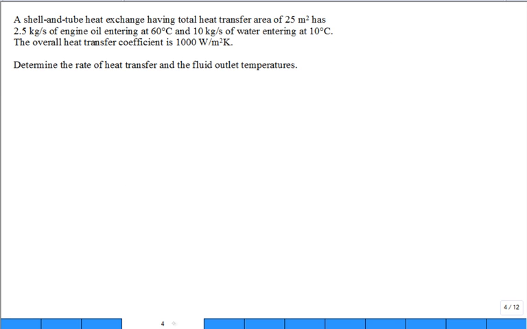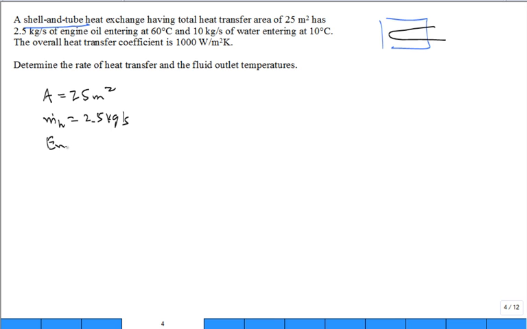Shell and tube heat exchanger having a total heat transfer area of 25 meters squared. So the area is equal to 25 meters squared. It's a shell and tube. So when you see a shell and tube, you're thinking something like this and something like that. Has 2.5 kilograms per second of engine oil entering at 60 degrees C. So the mass flow rate of the hot is 2.5 kilograms per second.